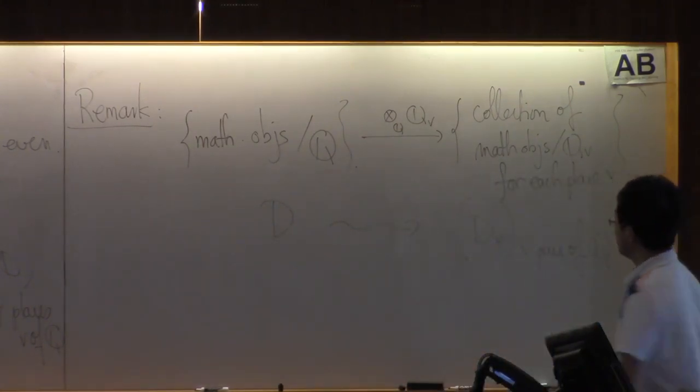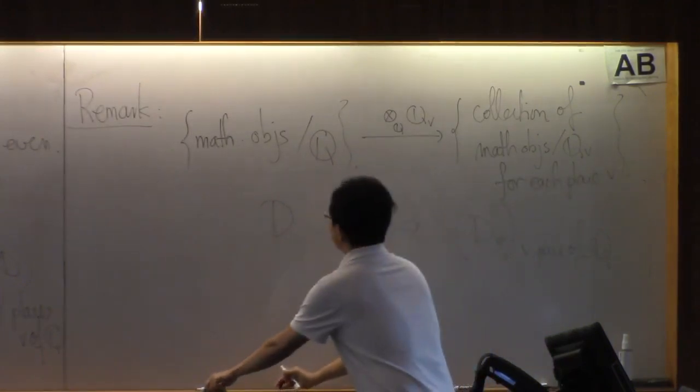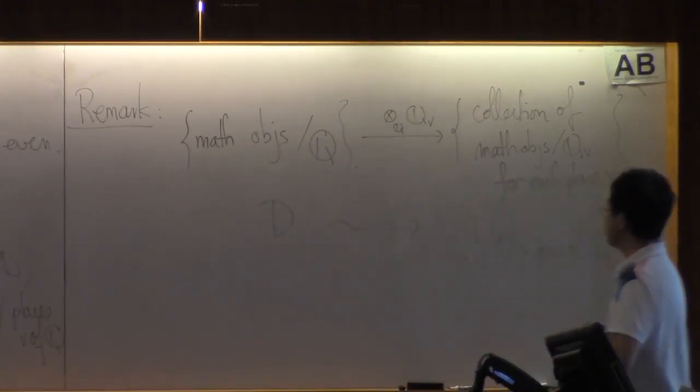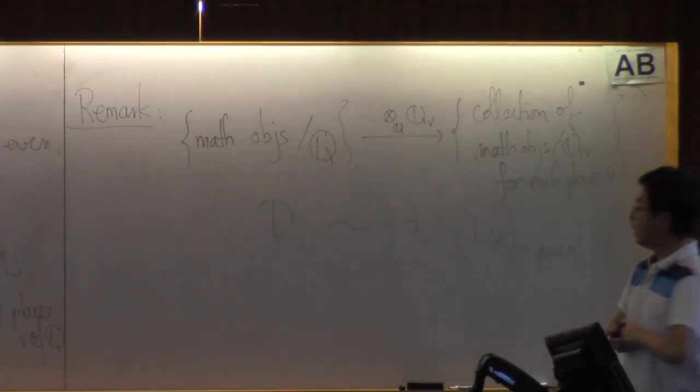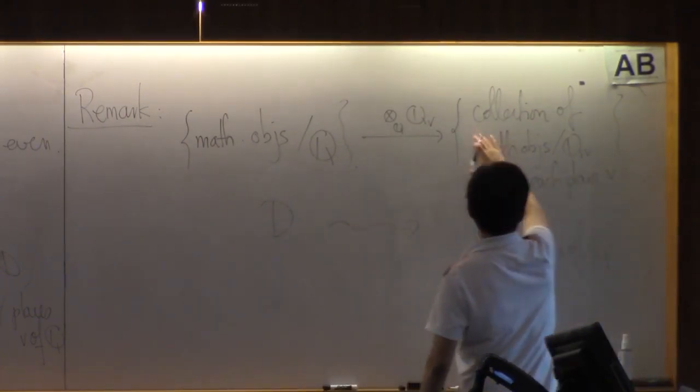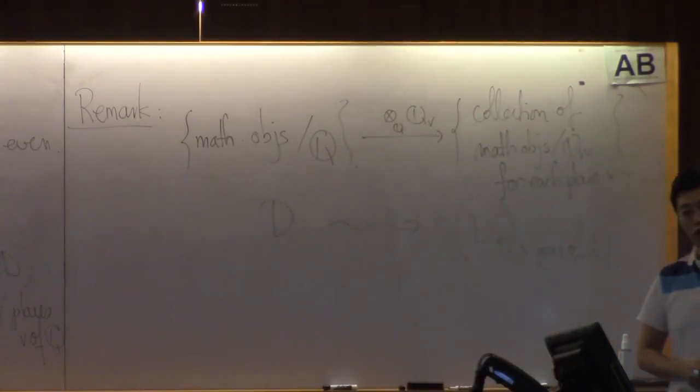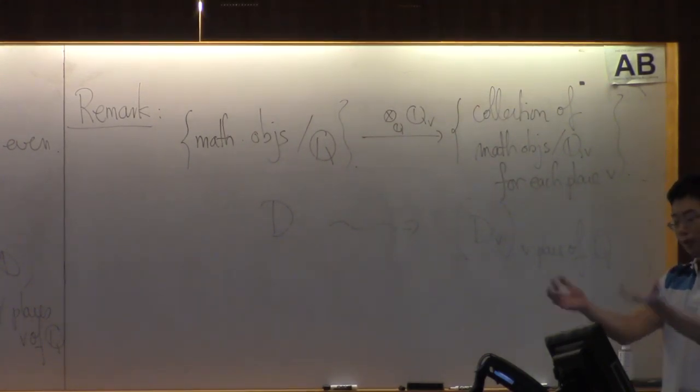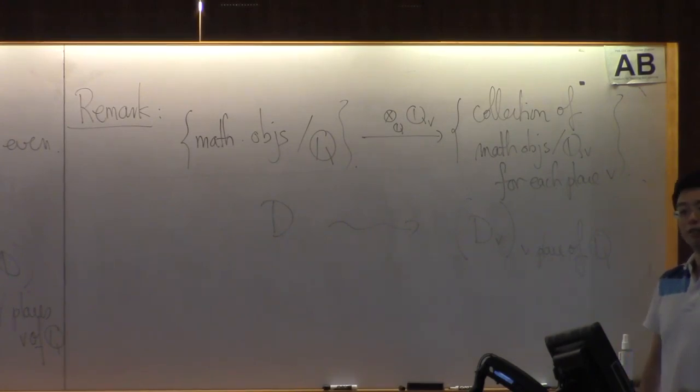Somehow, in general, if you want to study the math object over Q, it's often very, very complicated. Whereas understanding it over the local field, as we saw earlier, if you want to show something is a square, it's enough to show something is a square in Q_p. In many cases, it's just enough to show it's a square modulo p, and then use Hensel's lemma, you just go all the way.